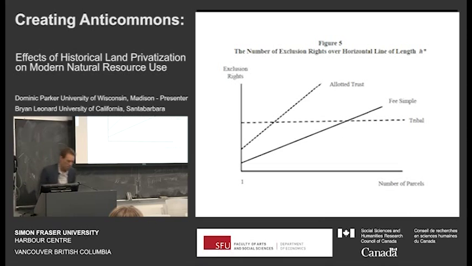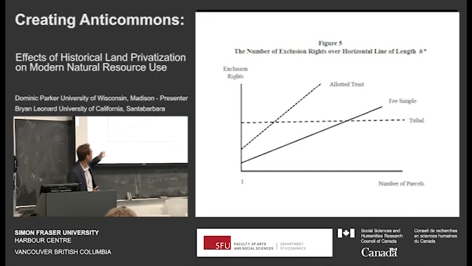Okay, so the number of exclusion rights to a drilling project of length H star depends on 2 things. It depends on how finely subdivided the parcels are, how big they are. Are they 40 acres, 160 acres, 320? And it also depends on what kind of tenure we're talking about.